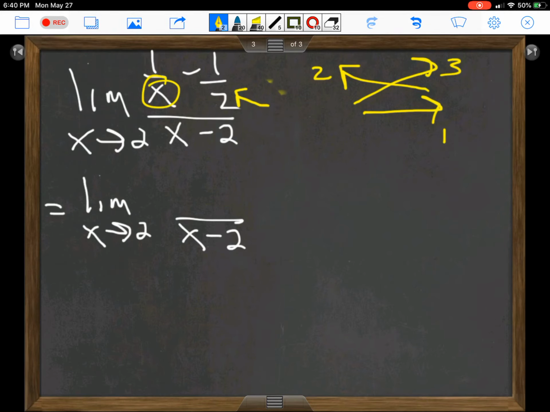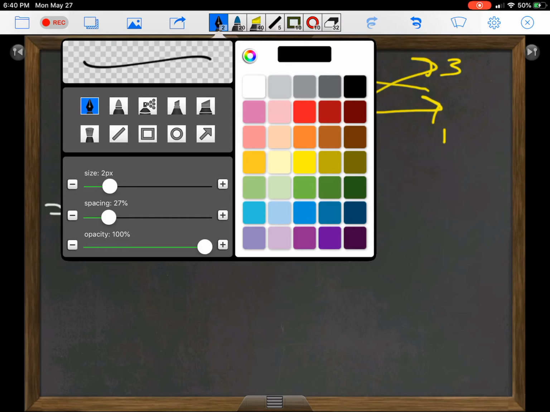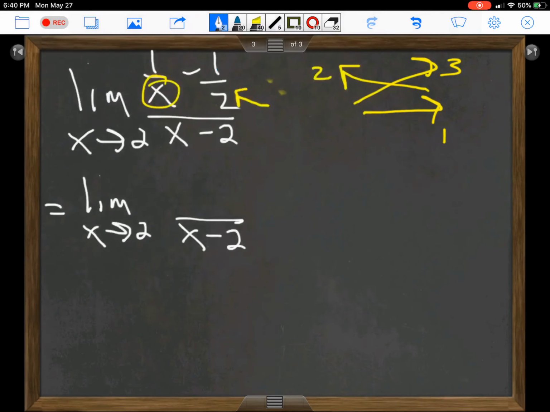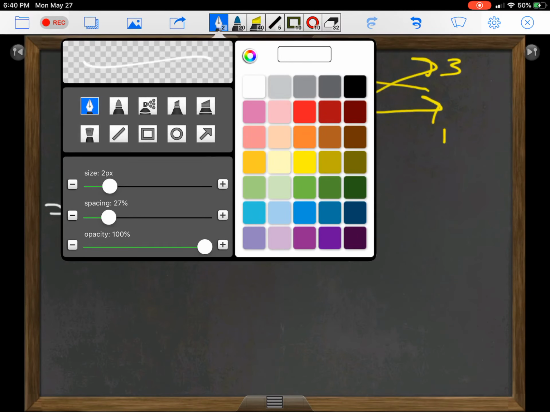And x times 2 is going to be 2x, so I write it. That was step 1. Now, what do we have to cross multiply?